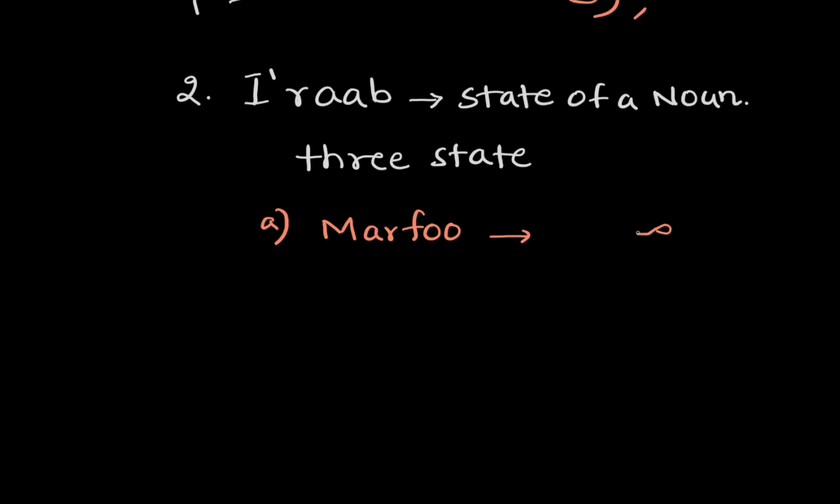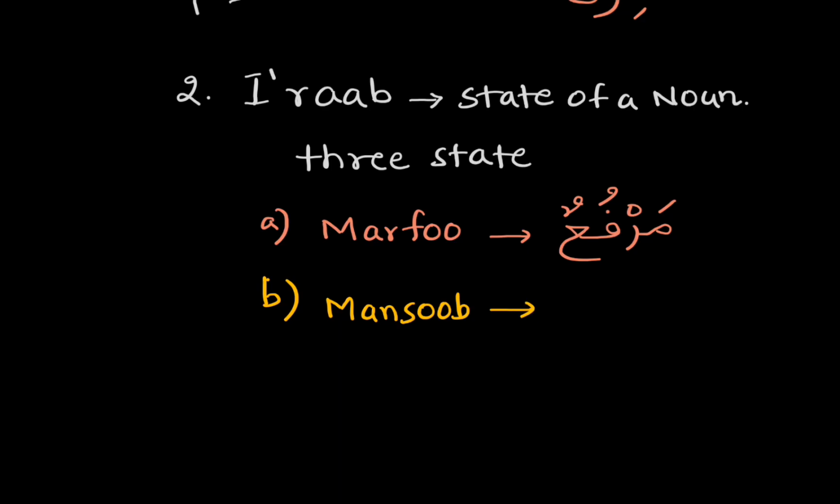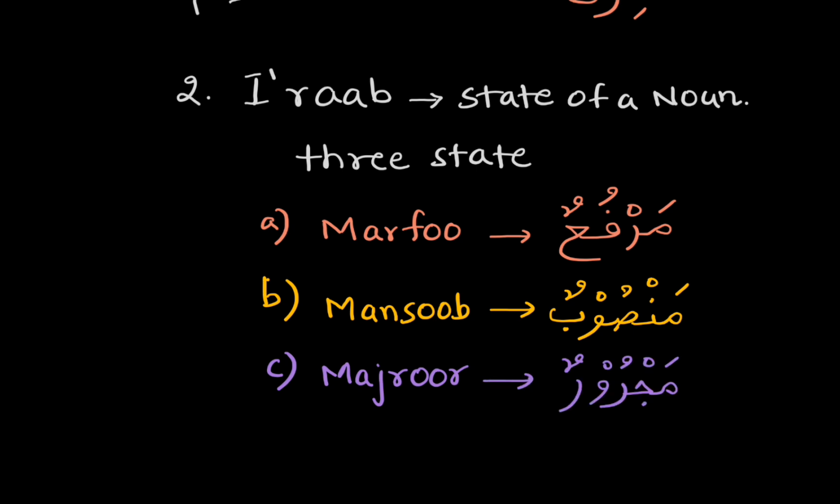In Arabic we can write it as marfuun. The second state of a noun is known as mansoob, mansoobun, and the third state of a noun is known as majroor, majroorun.